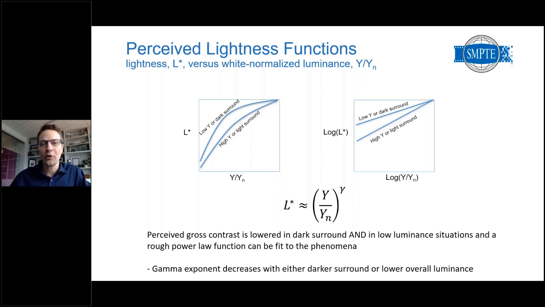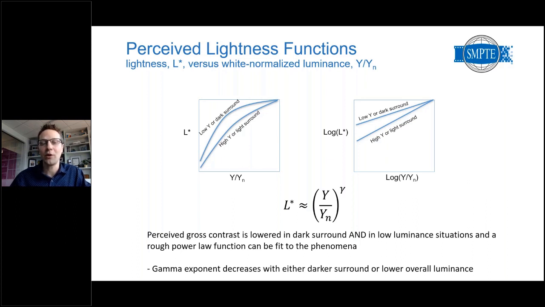It's also important to note that you can see all of the phenomena expressed for either a dark surround or a low luminance, low Y white adaptation in both of these representations. So again, dark surround, low luminance, white adaptation point makes you feel like the content is a little bit lighter, a little more washed out, and a little lower contrast.